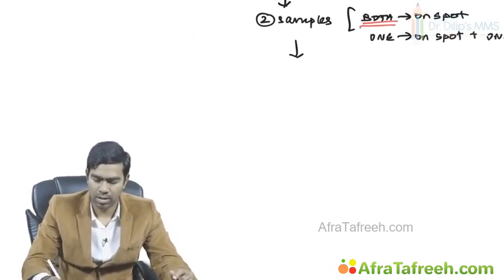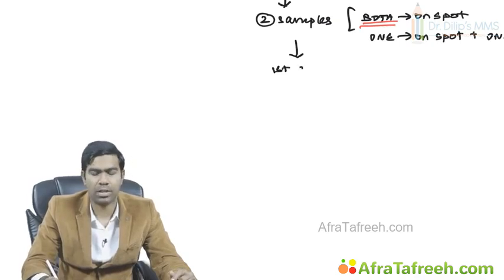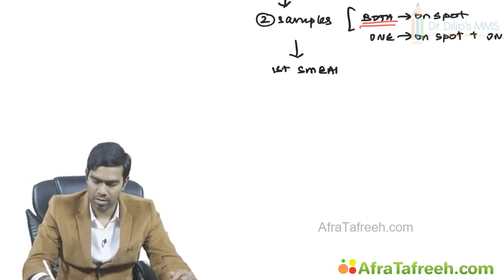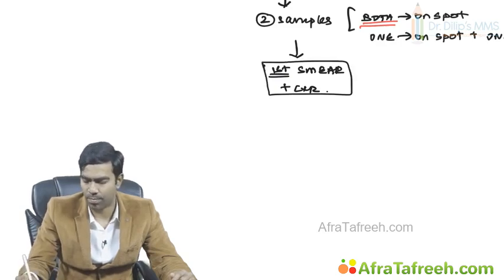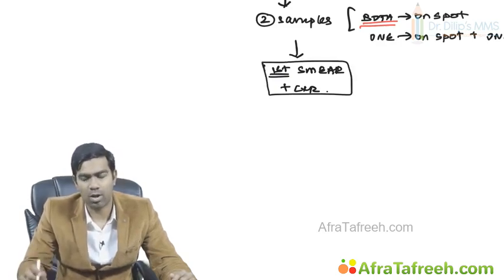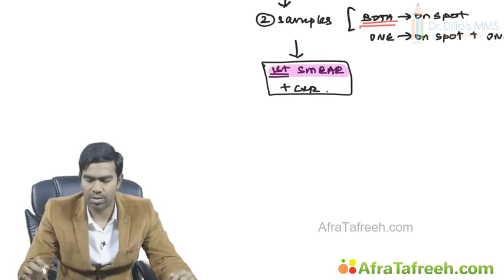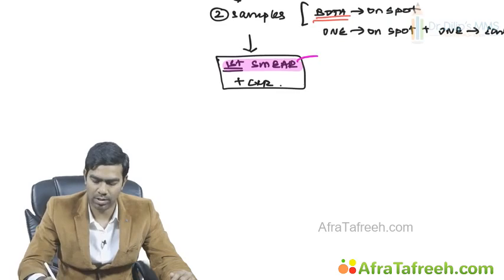In that, the first sample will be subjected to smear. Along with that, you will be doing a chest X-ray also. This is step 1. But there is a very, very important exception to that. This first sample smear rule, there is a very important exception.